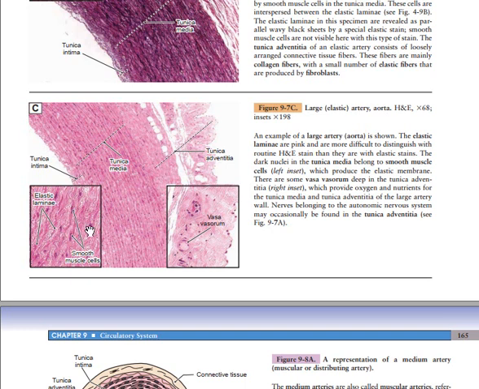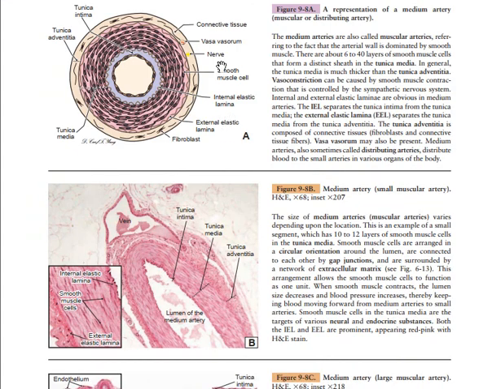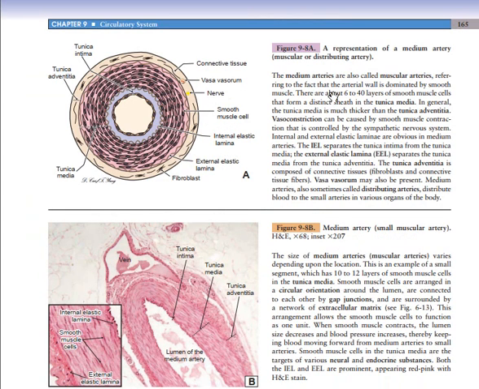So you see the layers of smooth muscle cells, and each layer is separated by a layer of elastic lamellae. Are you getting it? And then at the tunica adventitia, you can also visualize the vasa vasorum and the vasa nervorum with the hematoxylin and eosin stain.